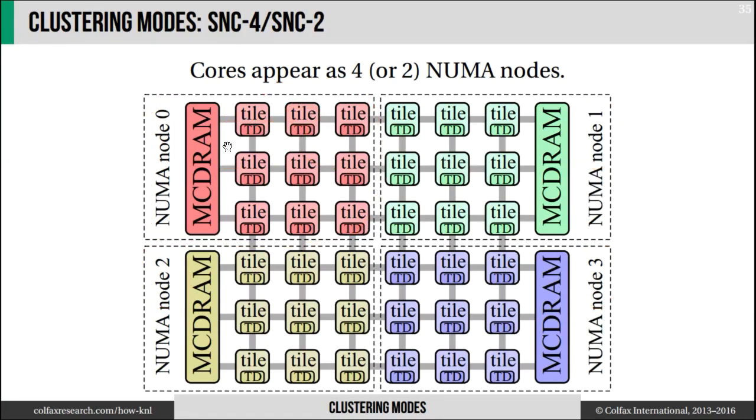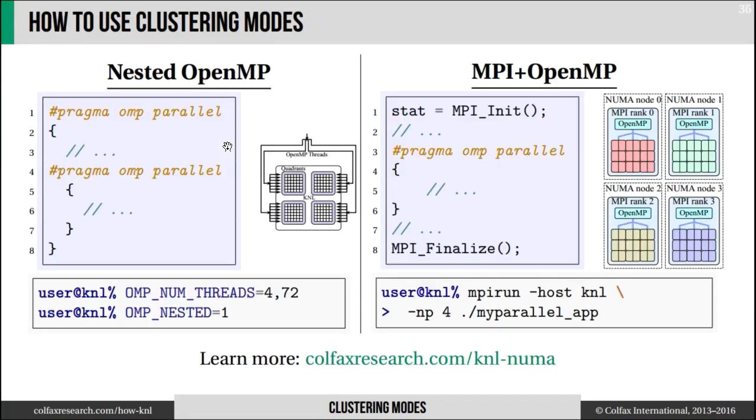This is easy to do if you can think of partitioning your application into 2 levels of parallelism. The outer level of parallelism scales across the 4 quadrants, and the inner level of parallelism scales across the cores within a quadrant. You can do it with OpenMP.